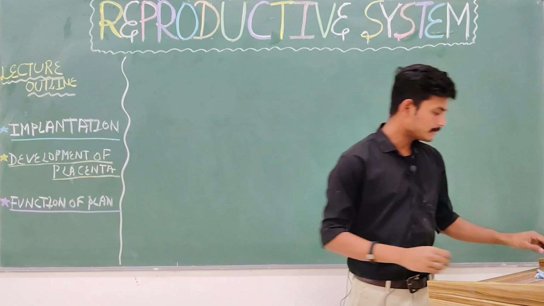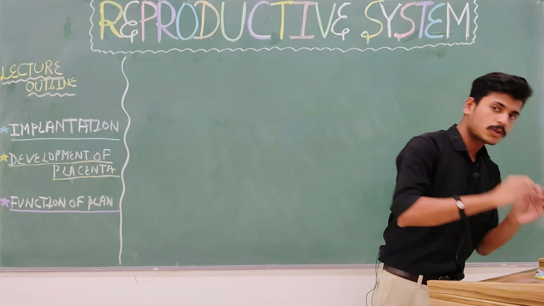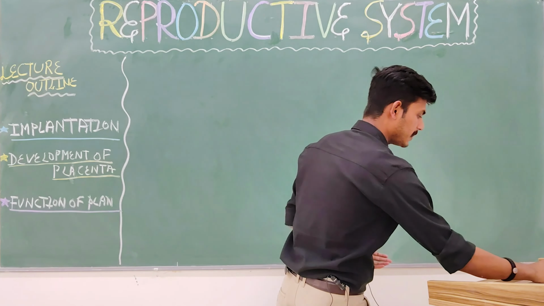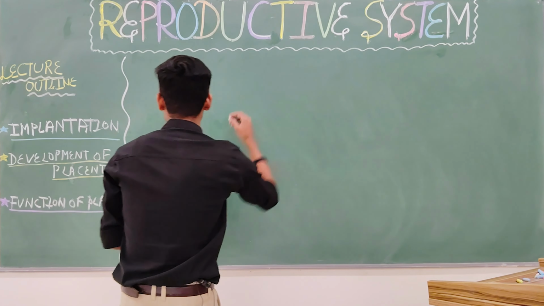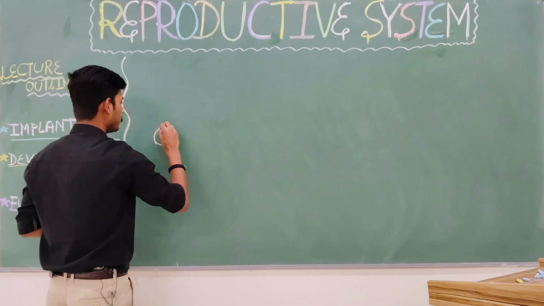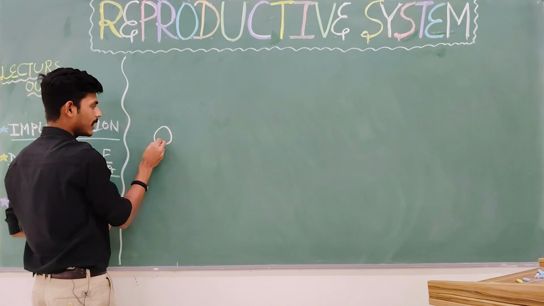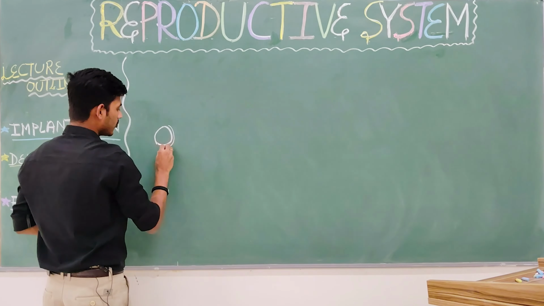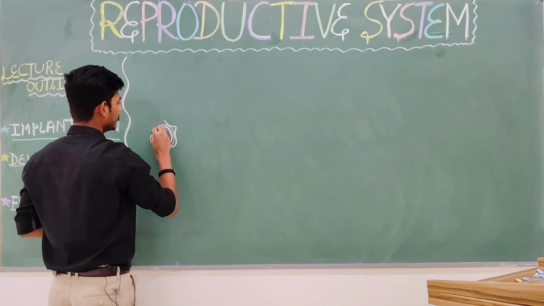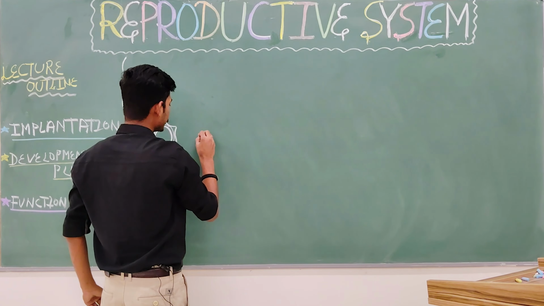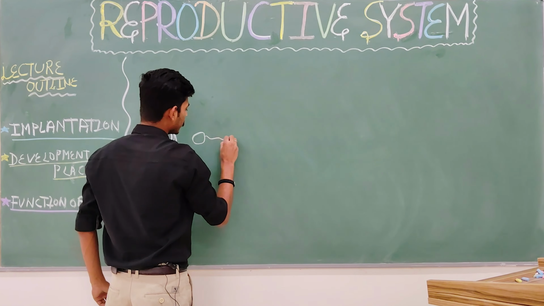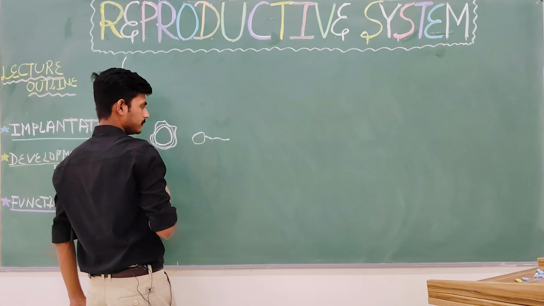Now, let's quickly recap what we understood from our previous lecture. We understood that the female has her own gamete called the egg, and there is a male gamete called a sperm.